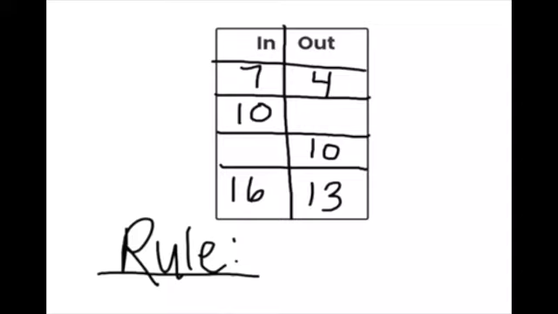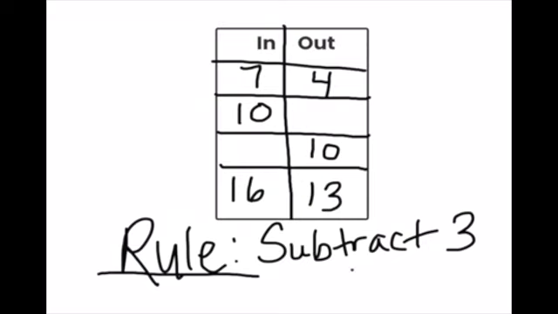So based on that information, what do you think that pattern or rule is? What happened to both of those numbers? 7 to 4 and then 16 to 13. It looks like the rule is subtract 3, or minus 3. Because 7 minus 3 is 4. That makes sense. 16 minus 3 is 13.